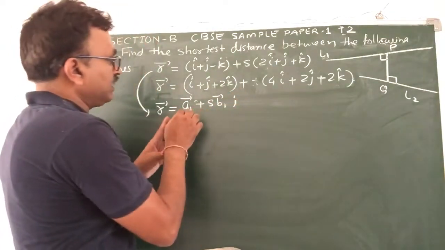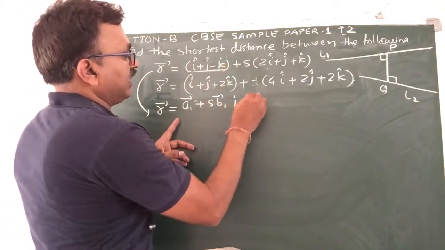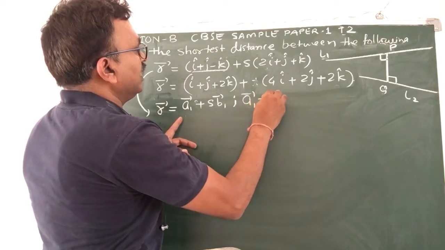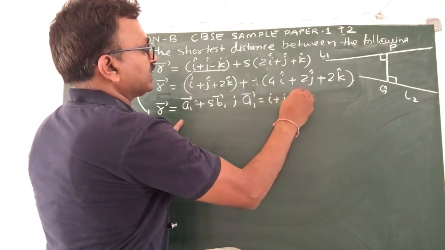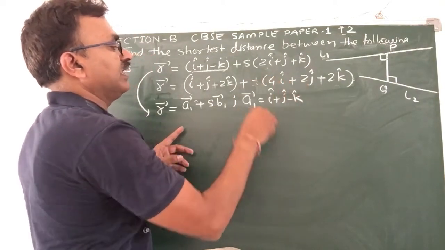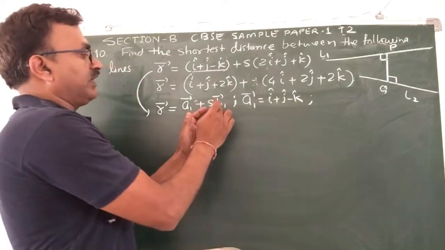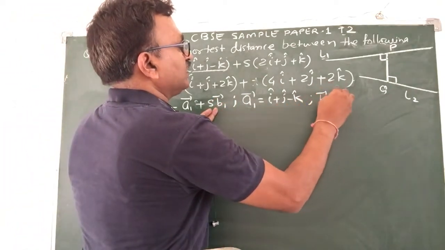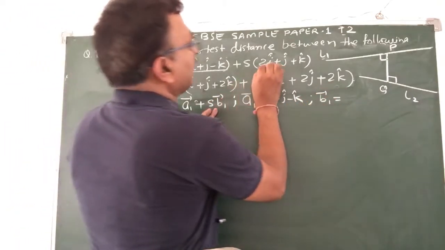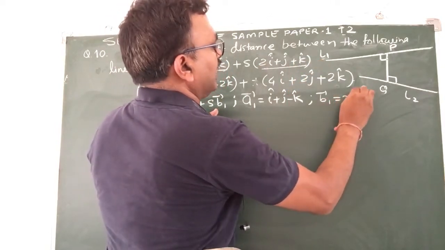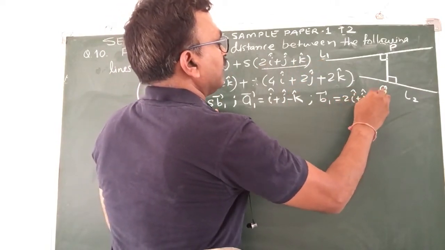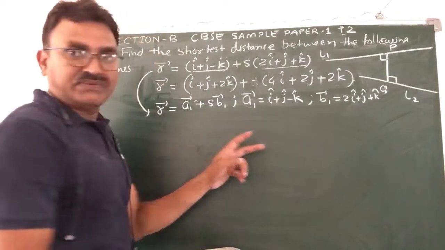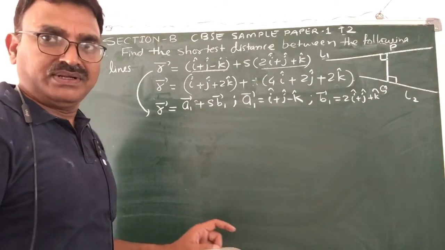When we compare, a1 will be i plus j minus k cap, and vector b1 is 2i plus j plus k cap.